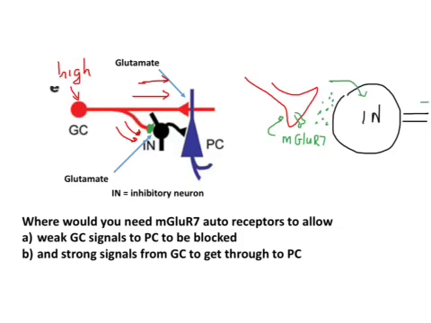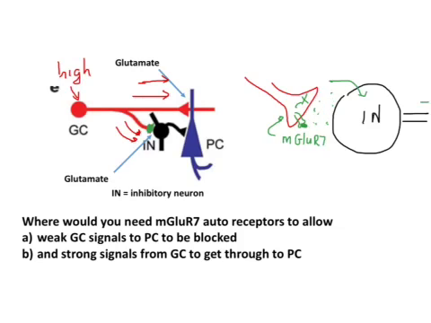At high levels, we eventually get the glutamate receptor 7 coming in here and blocking neurotransmitter release, thereby eventually reducing the amount of neurotransmitter here in the synapse.